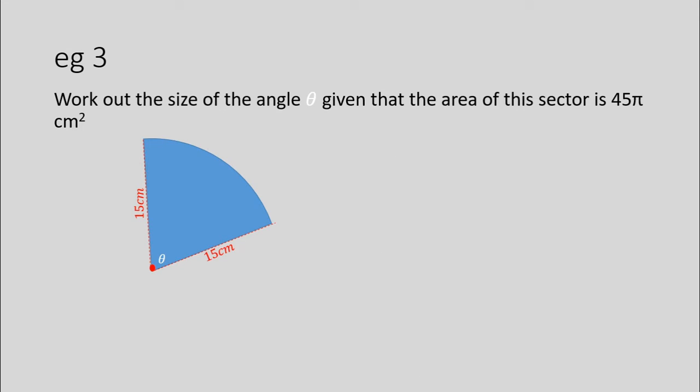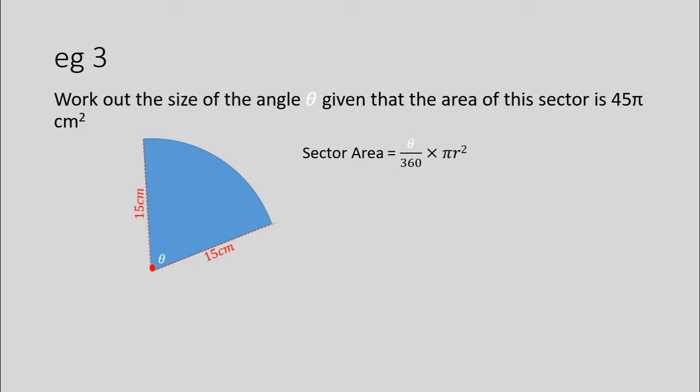Next example, we're trying to work out the angle theta, given that the area of the sector is 45 pi centimeters squared. Again, I've got the exact area, so let's keep working with pi and see if that cancels down like it did last time. Setting up the formula, sector area is some fraction of pi r squared. I don't know what that angle is, but I do know what the area is.